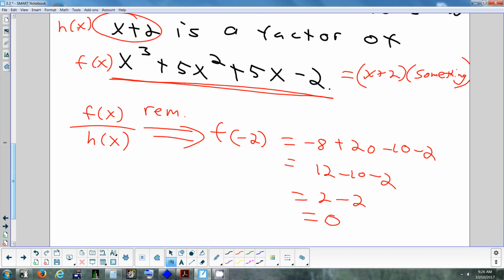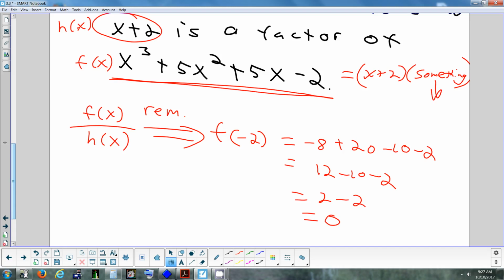When you do the long division, your quotient would be what degree here? If you divide what I underlined in red by x plus 2. Oh, yeah, Megan? Second degree. Yeah, it would be a quadratic. Because if you multiply a quadratic by something linear, that turns it into a cubic. All right, so if you do out your long division, look at your quotient. That's what would go right there. That's the something. It's the quotient.